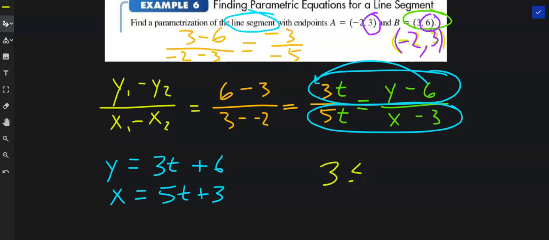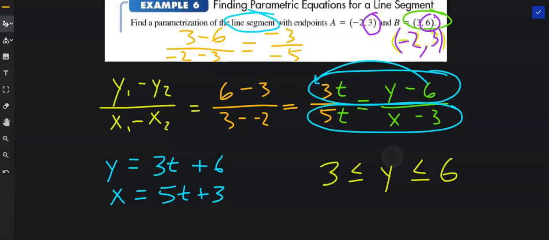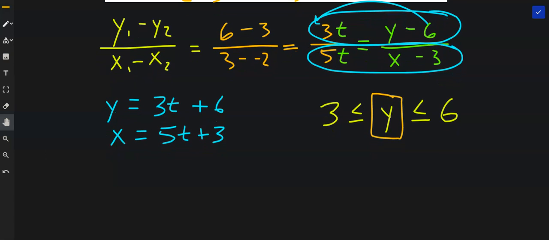So 3 is less than or equal to y, which is less than or equal to 6. Is there anything that you could substitute for this y which might involve a t? Any thoughts out there? Mr. Plummer Collins, anything I could substitute there?